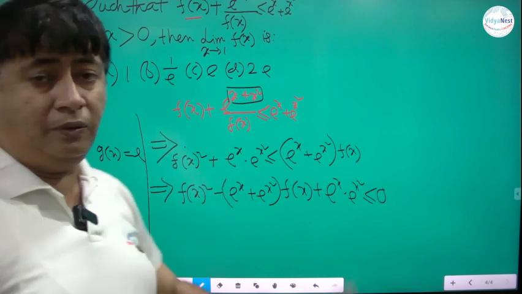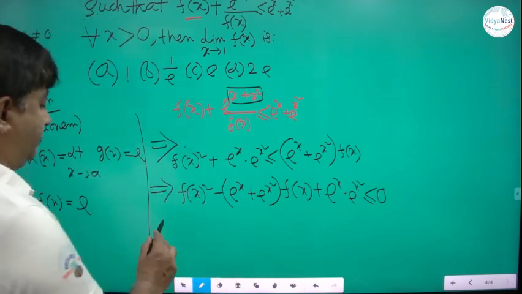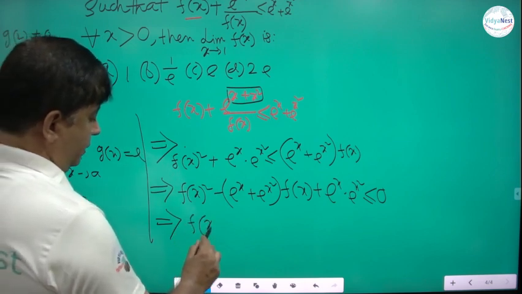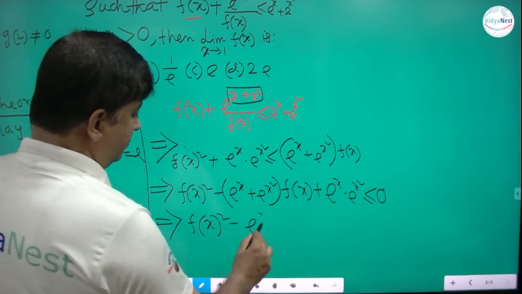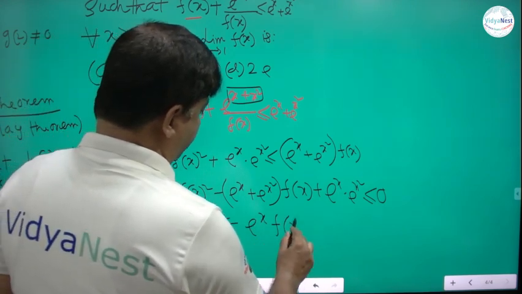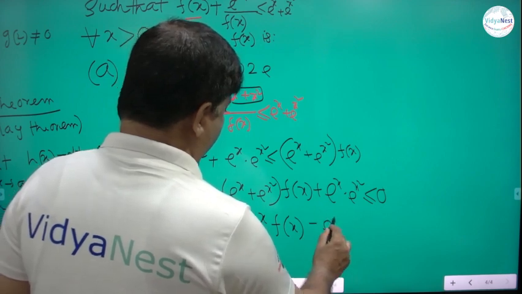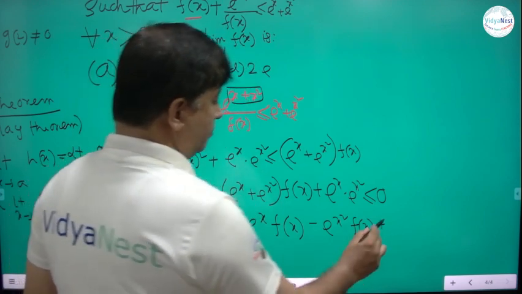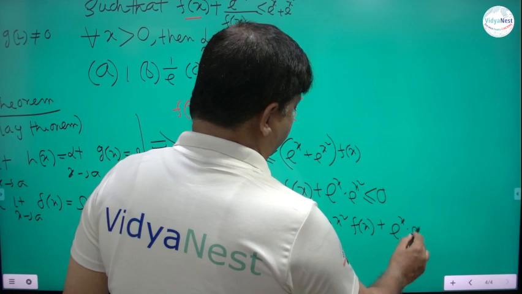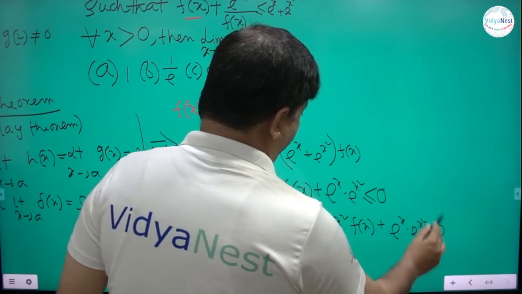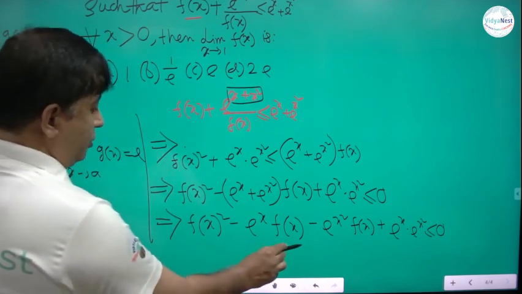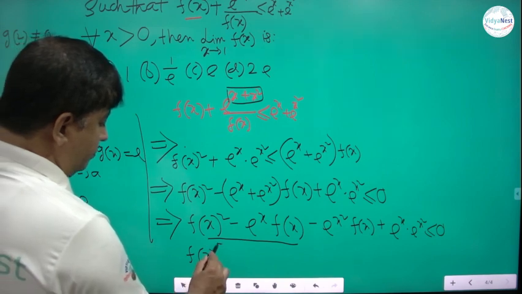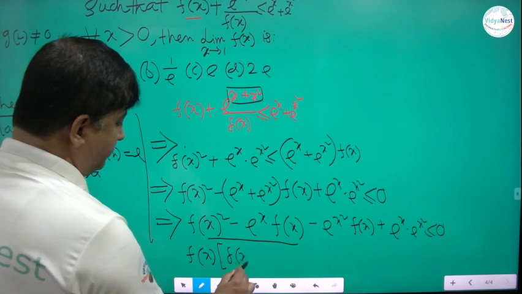Hope it is visible now. See, f(x) whole square minus plus minus. So from these two I can take f(x) common. What will be left?